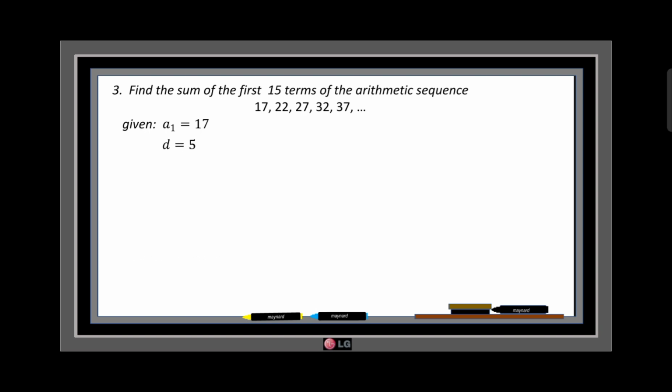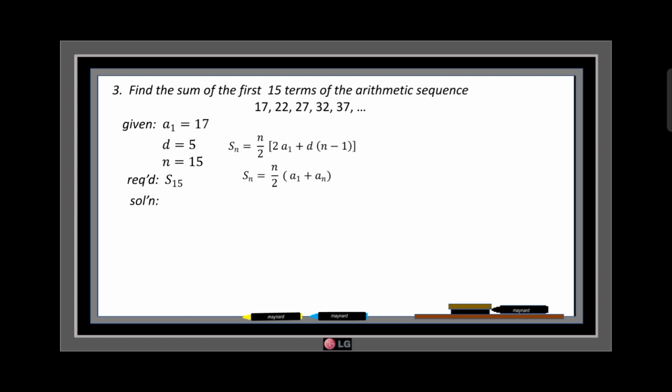Then, ang common difference ng bawat terms is equal to 5. Ang n natin is equal to 15. According to the problem, nakalagay 15 terms. We are required to find S sub 15 or the sum of the first 15 terms ng sequence na yan.